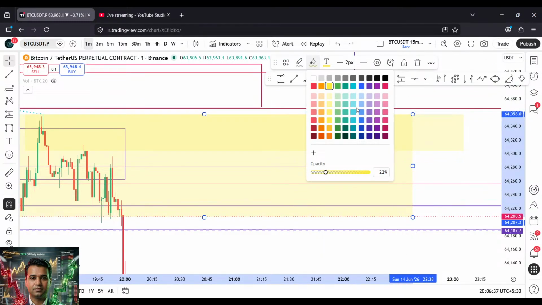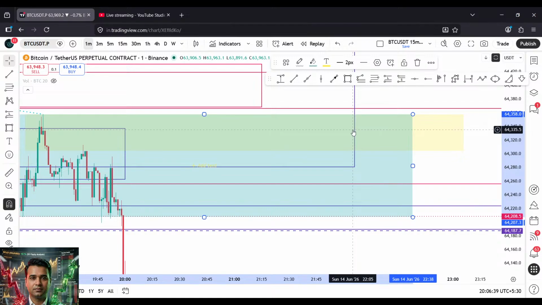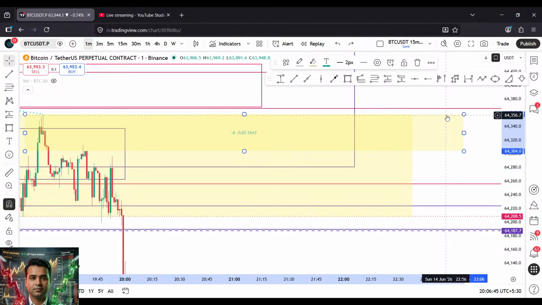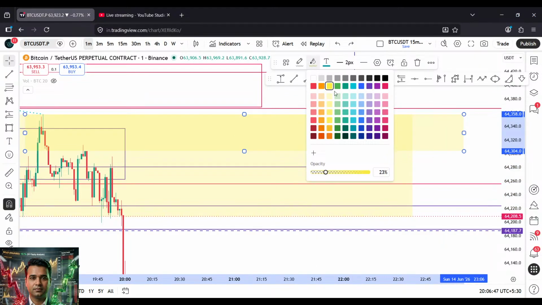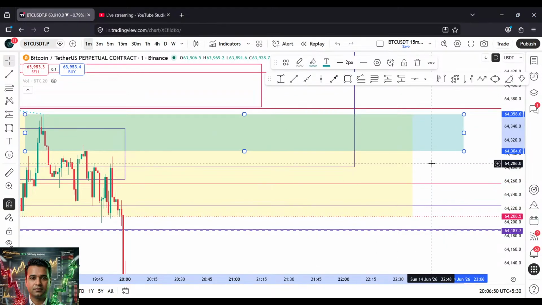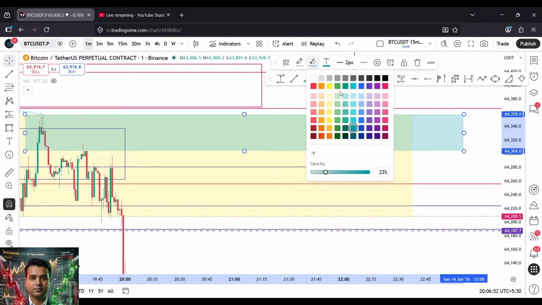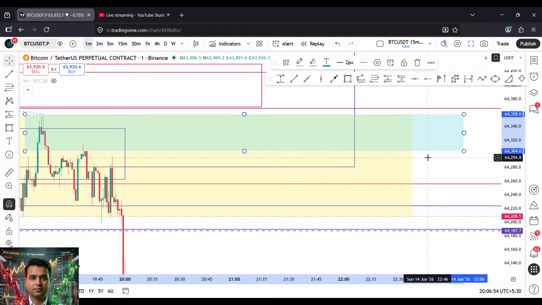Fill color for this zone, like this. Okay.